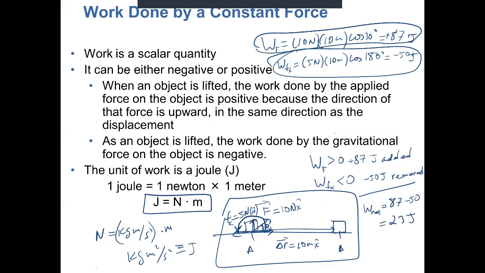No, it's 37. What am I doing here? So 37 joules. All right, so 37 joules total transfer into the system. Why? Because this 37 is positive. Okay. So that's what we have in terms of this.